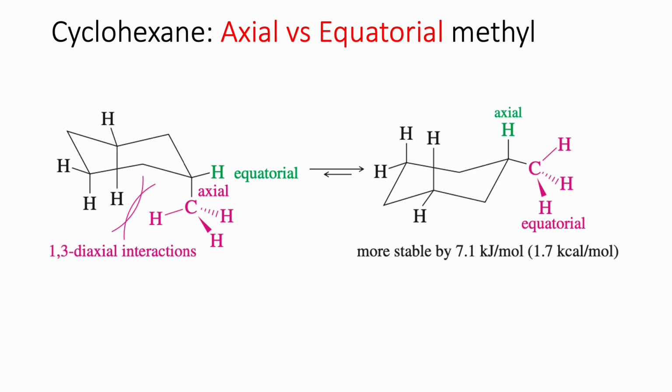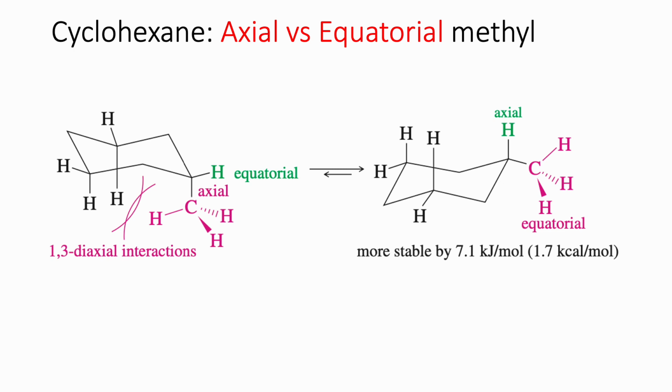So this interaction, this 1,3 diaxial interaction, when I have a methyl group that's axial and it can interact with the carbons in the ring, is a destabilizing interaction. And in fact, when the methyl group is equatorial, it's more stable than axial by about 1.7 kilocalories per mole.